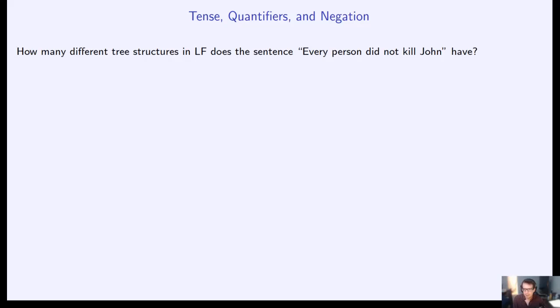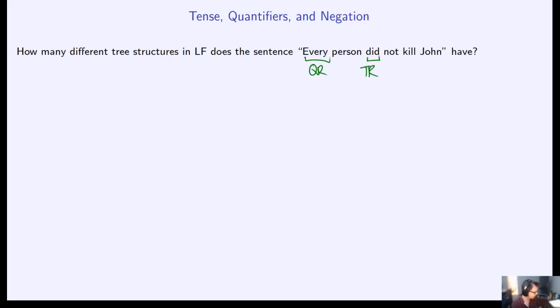If we think about the sentence, every person did not kill John, and we think about how many different ways that we can draw this sentence and how many different interpretations it can have, these things get a little wild. So for instance, every person, we have to do quantifier raising with every person. With did, we have tense here.